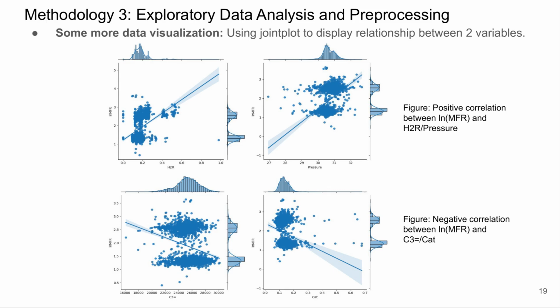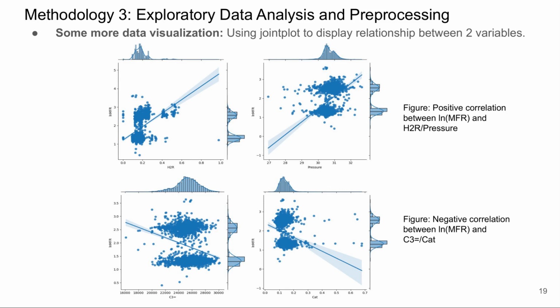This slide shows some more data visualization techniques, this time using a joint plot to display the relationship between two variables. A joint plot combines several types of plots into one and tries to show the distribution as well as their joint distribution. In this case, we use a regression line to show their joint distribution.